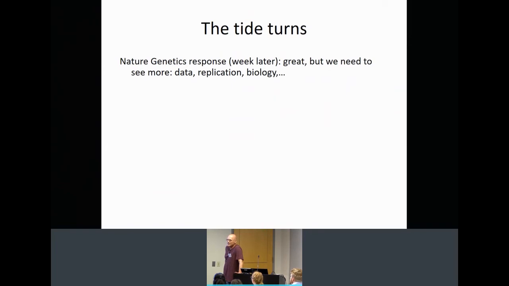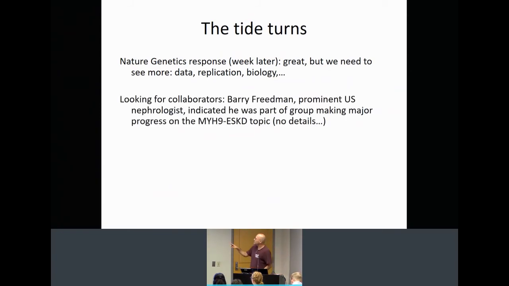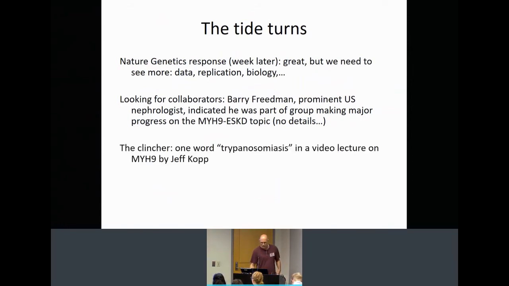We need better data, and especially we need something about the biology if you want this to be Nature Genetics worthy. So we contacted another well-known guy, trying to get more data and other things from him, and he said explicitly that he was part of a group that is making major progress on this general story, and he cannot work with us.